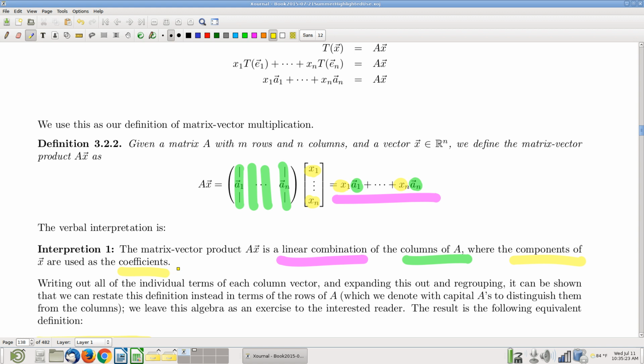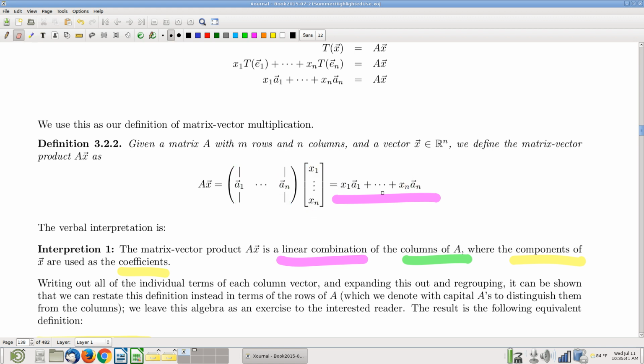Everybody happy with that? Visually, I think this is a nice way to think about it. If you want to do this multiplication, just take the columns. You can see the columns. Look at those columns. Take a linear combination of those columns. The vector that you're multiplying by gives you your coefficients. Okay. So that's the process.